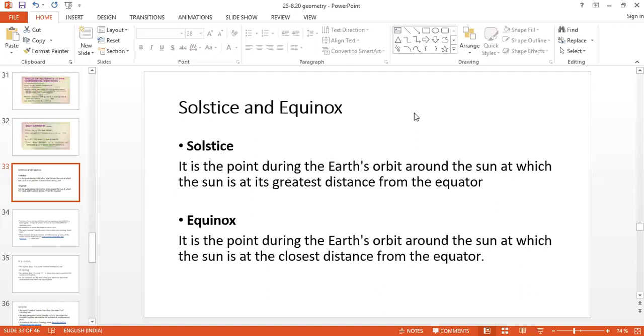And the equinox means the closest distance from the equator, a point in the Earth's orbit around the sun at which the sun is closest to the equator.